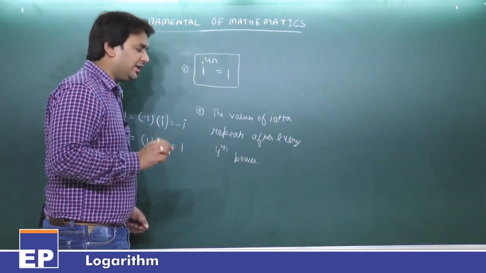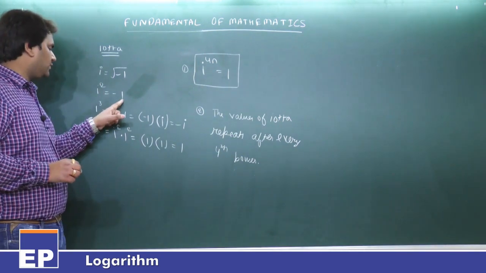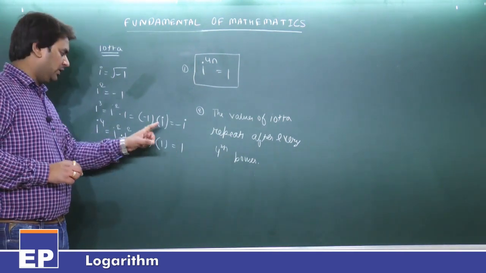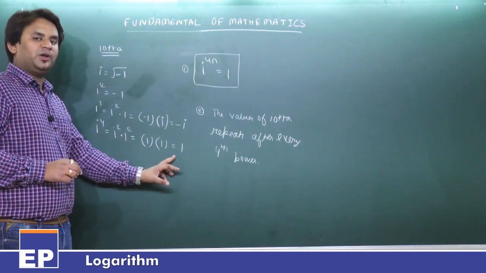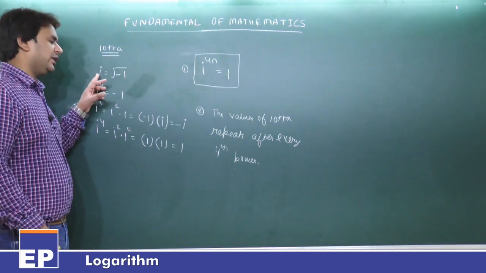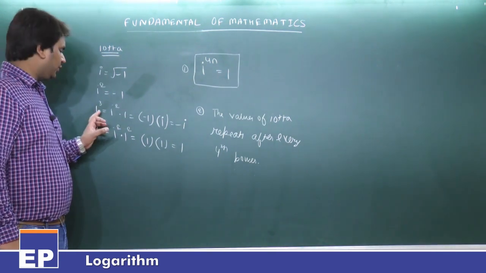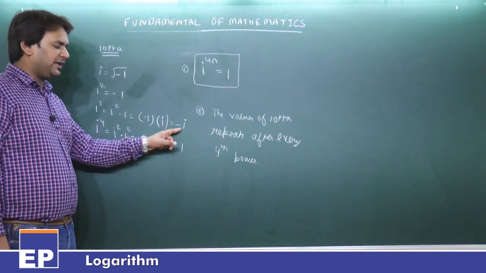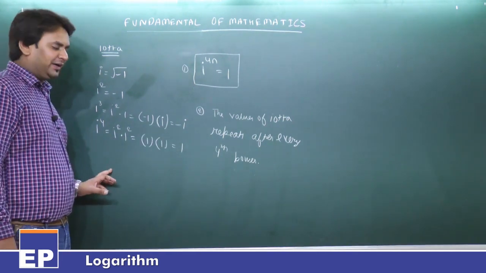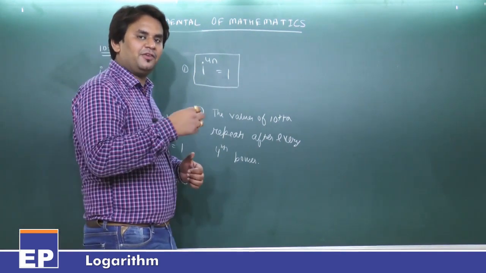I have told you in an earlier class that iota is equal to under root of minus 1, iota square is equal to minus 1, iota cube is equal to minus iota, iota to the power 4 is equal to 1. What will be the value of iota to the power 5? Iota. Iota to the power 6 is minus 1. Iota to the power 7 is minus iota. And iota to the power 8 will be equal to 1. Because the values of iota repeat after every fourth power.